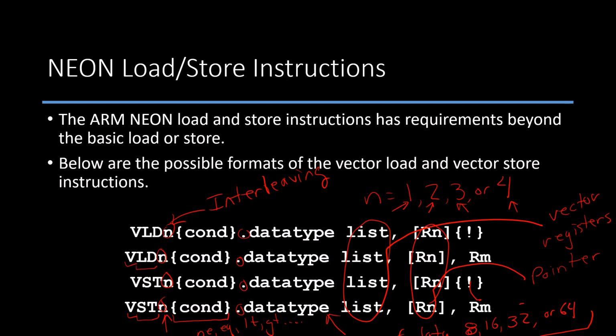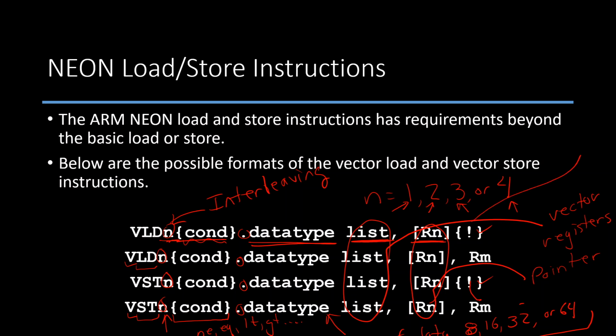So that's the starting location. These optional values, I can have an optional exclamation point. The exclamation point says, after I'm finished loading the list of vector registers with the values that are located at the memory location pointed to by Rn of size data type with the correct interleaving, then if there's no exclamation point there, nothing changes.